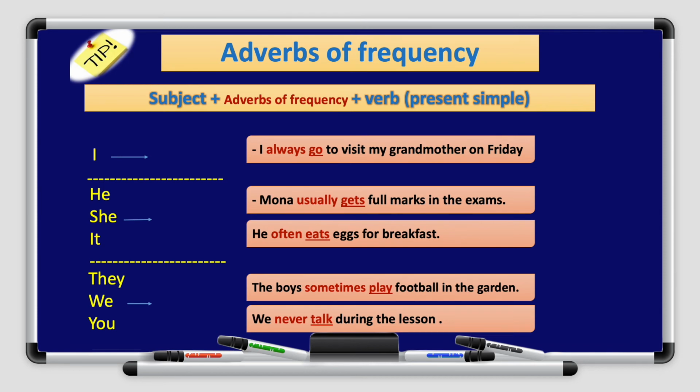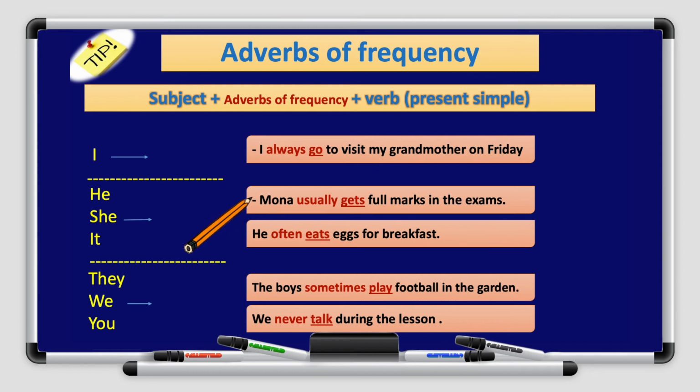Notice with me in the red line, always go. This is the adverb followed by the present simple of go. Next, Muna usually gets. Here usually is the adverb, gets is the present simple of get.